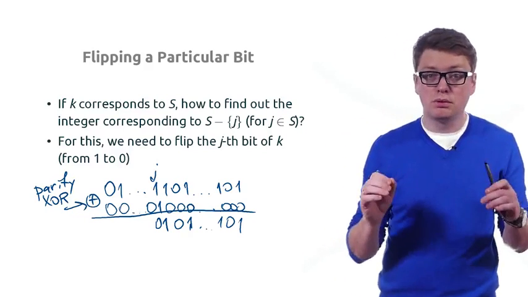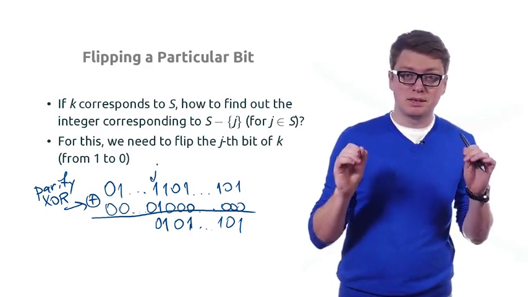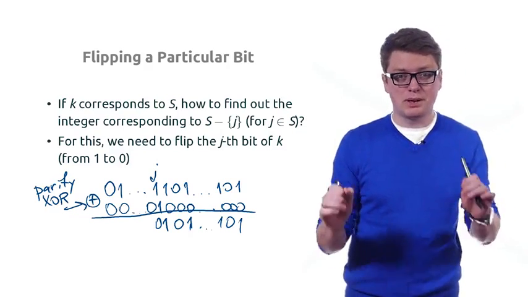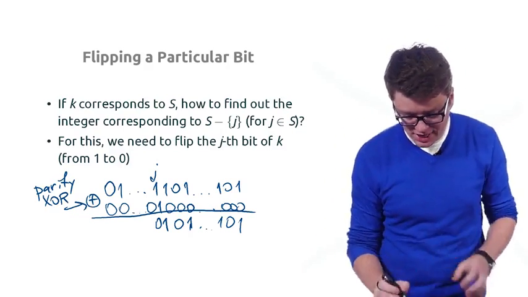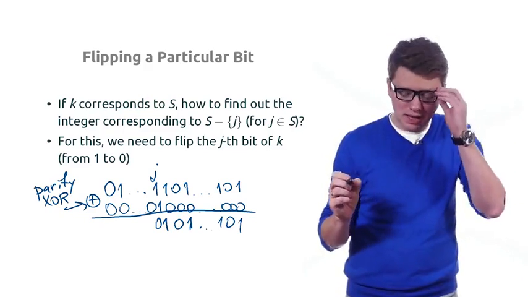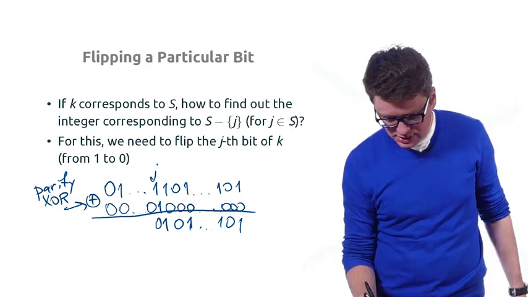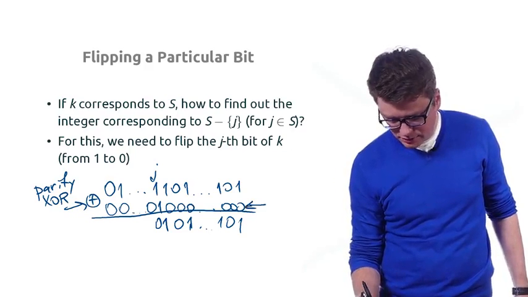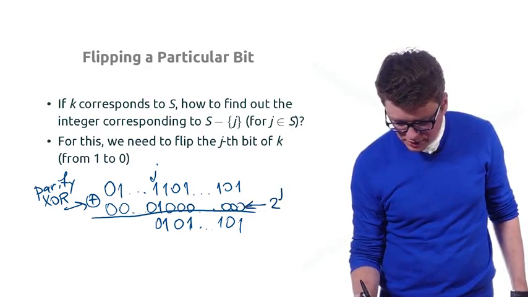So what we need to do is to compute the bitwise parity of our number k and the number which has 1 only in the j-th position. It is not difficult to see that this number corresponds to 2 to the j.